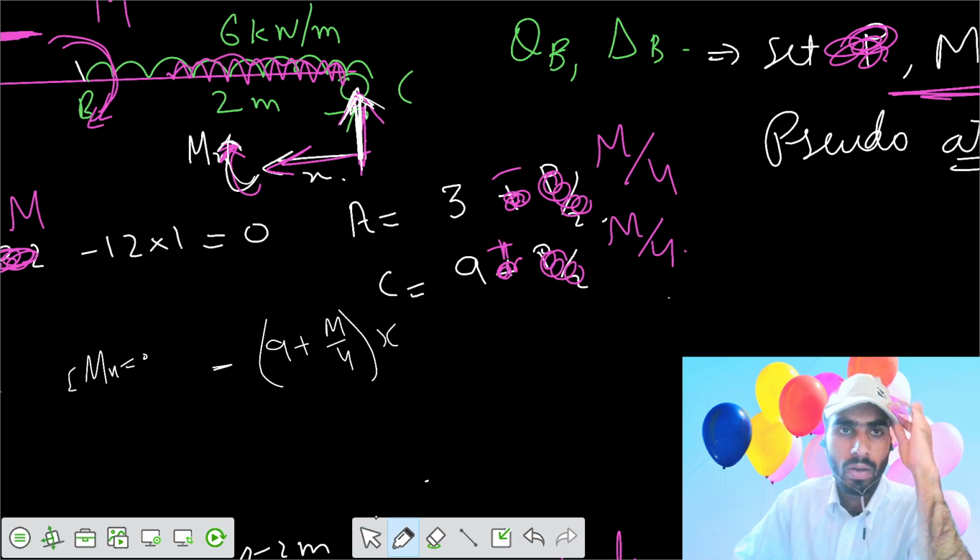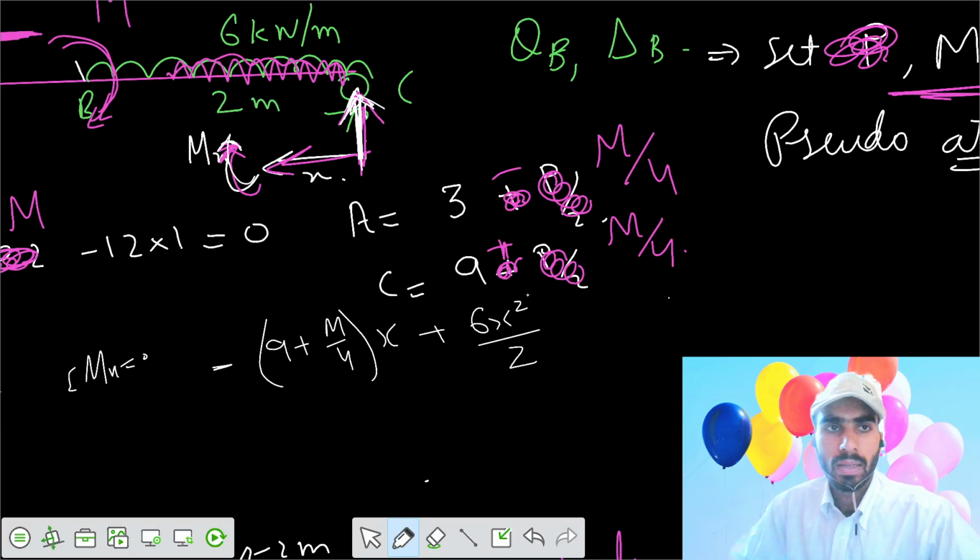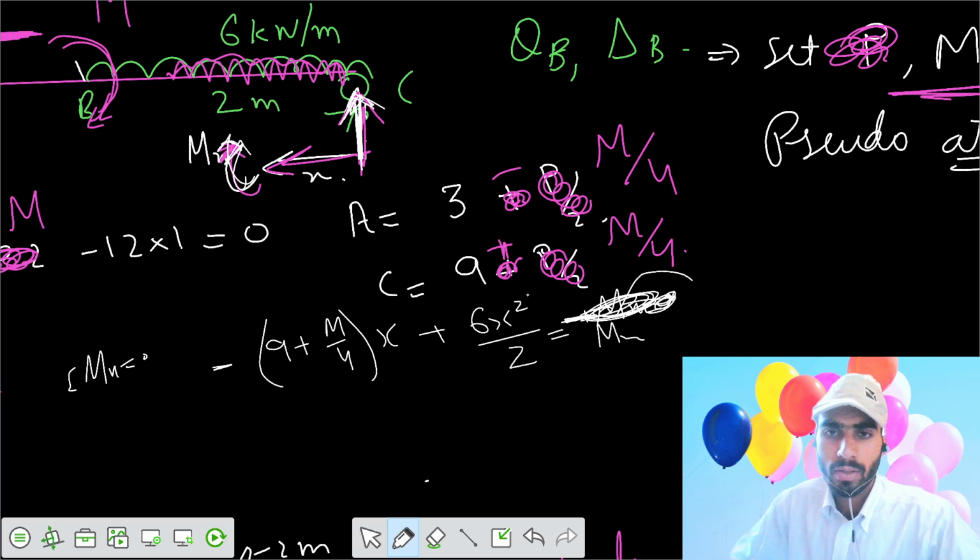Then we have clockwise moment of that 6 into x square by 2. Then you say that the clockwise moment is there Mx, then plus Mx equals to 0. When you substitute it in the opposite side, you can say Mx is minus times the total value of this one.